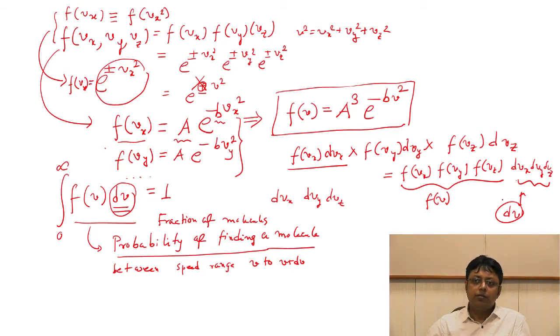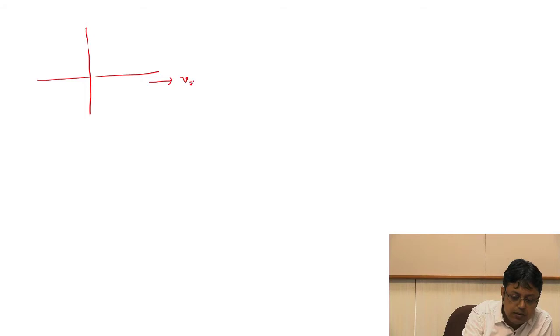Suppose the molecules are moving on a plane, and so we can actually draw it in a Cartesian coordinate, and suppose this axis tells me the vx and this axis is for vy. So I only have two components of velocities, and suppose at any point the velocity is along this direction.